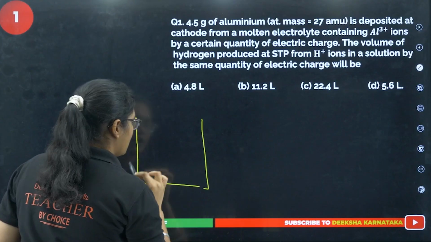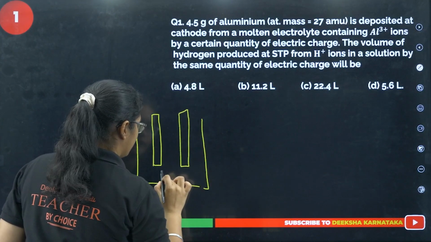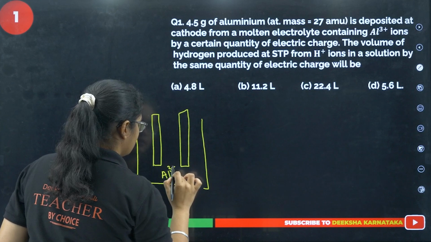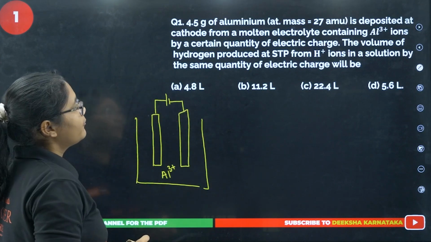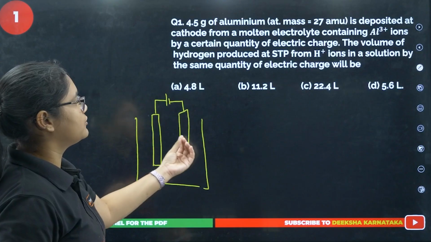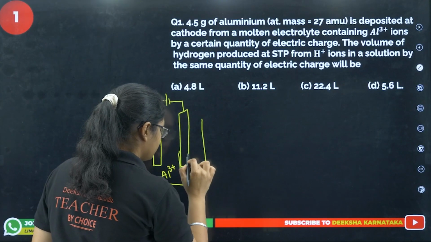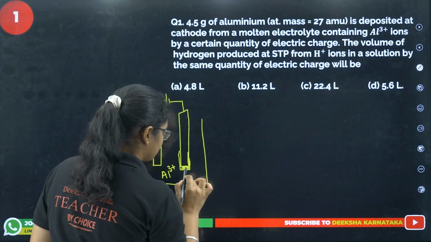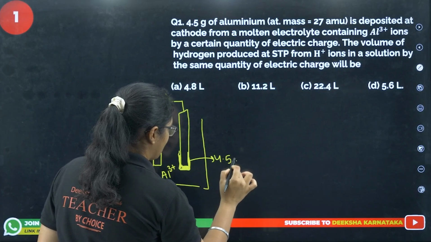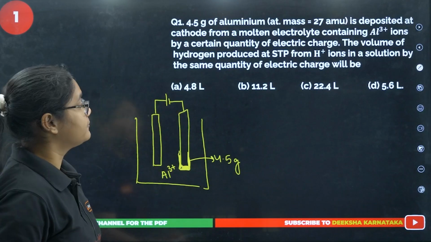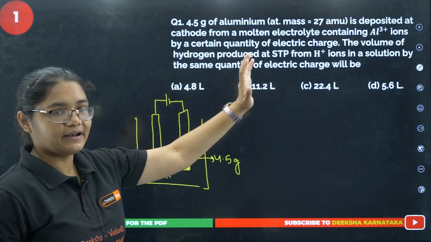You have a molten electrolyte where we have aluminium 3 plus. 4.5 gram of aluminium is deposited at the cathode, by a certain quantity of electric charge.